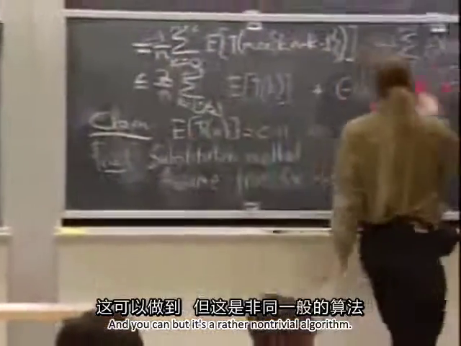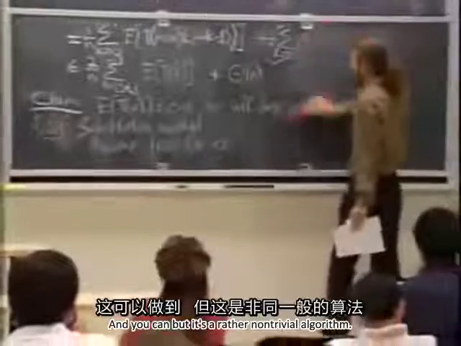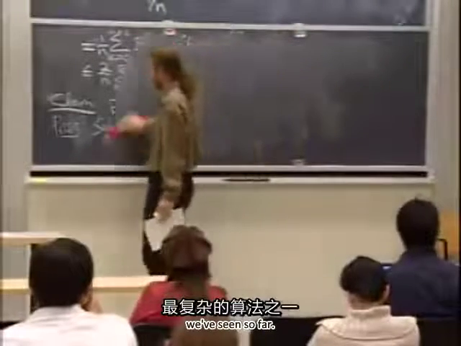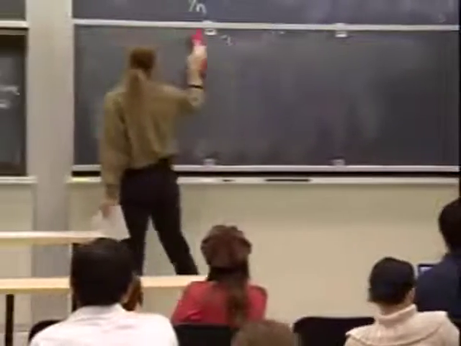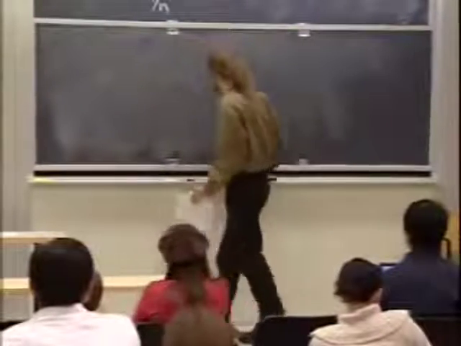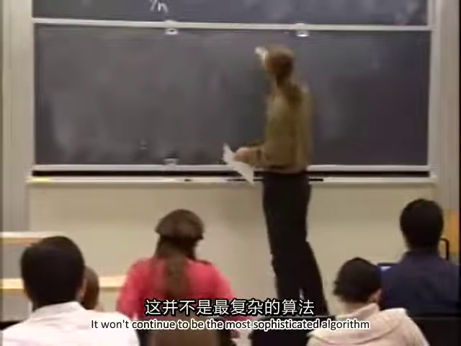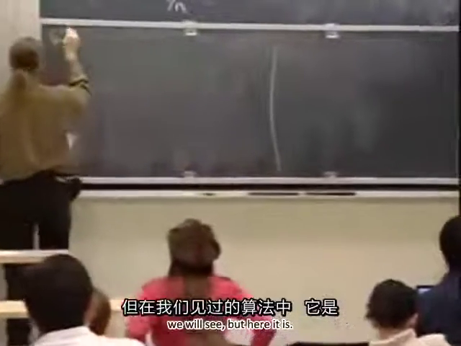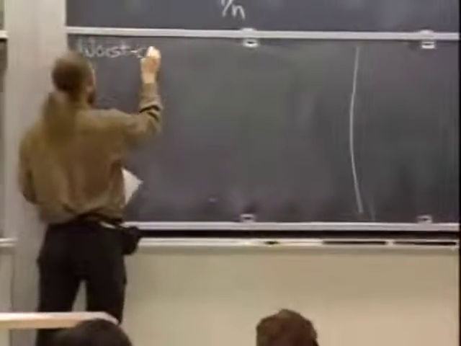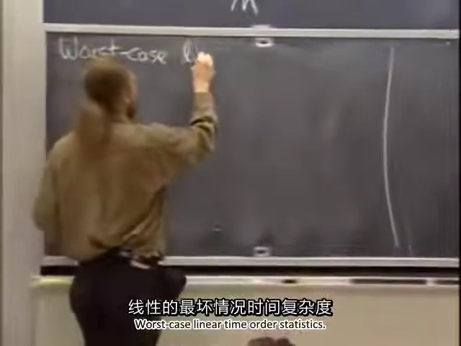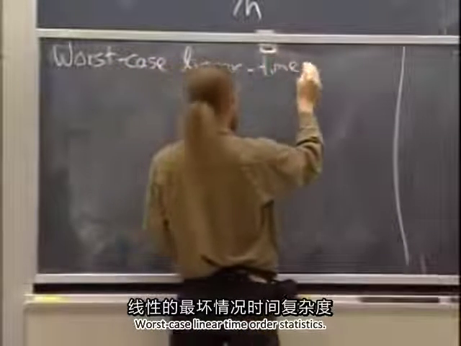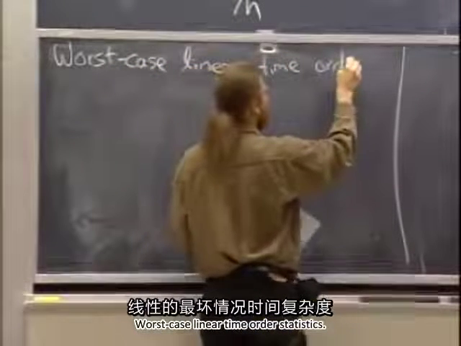But it's a rather non-trivial algorithm, and this is going to be one of the most sophisticated that we've seen so far. It won't continue to be the most sophisticated algorithm we will see, but here it is. Worst case linear time order statistics.